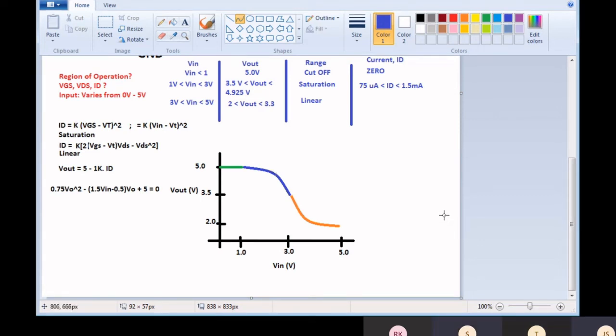When Vin is 5 volts, the Vout is 0.77, right? When Vin is 5 volts, yes. Okay, that's why I asked. So it was like V in minus 5.